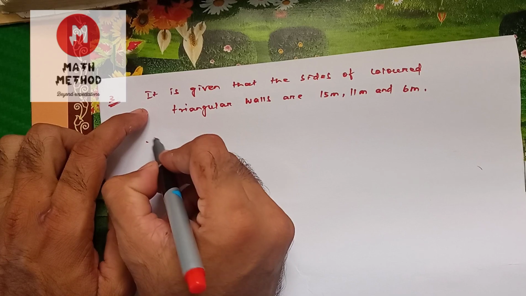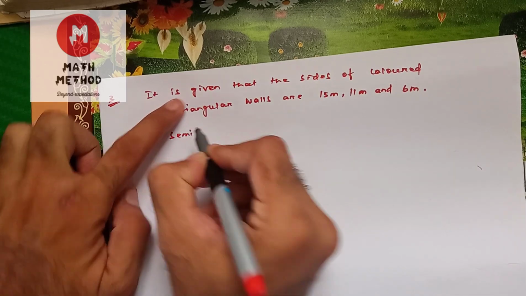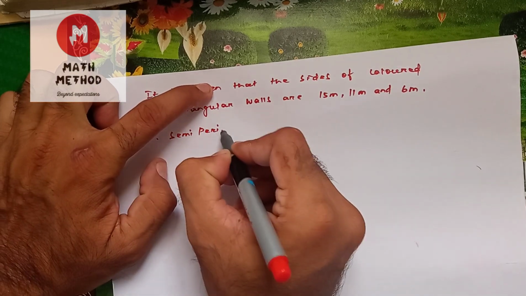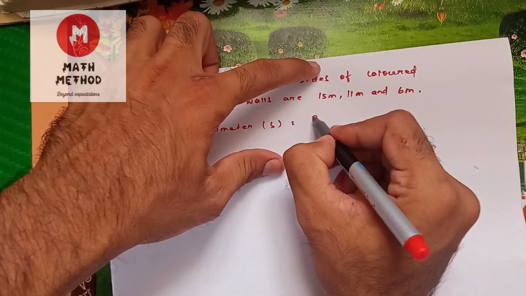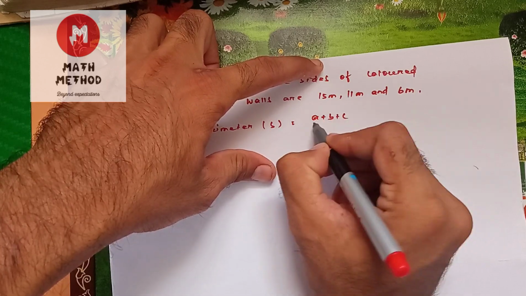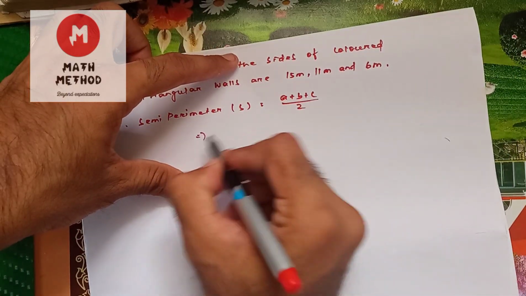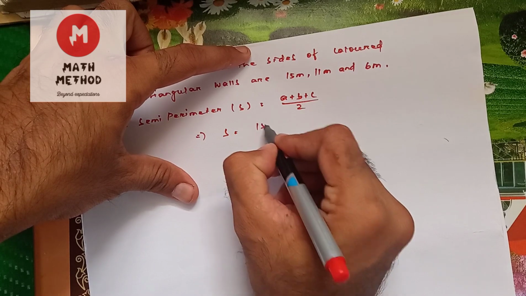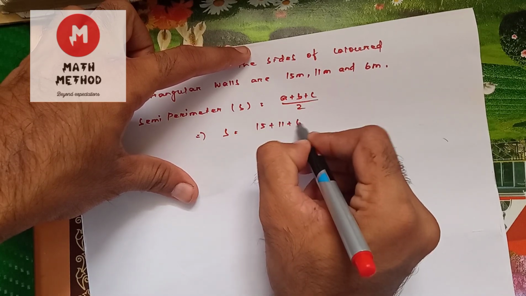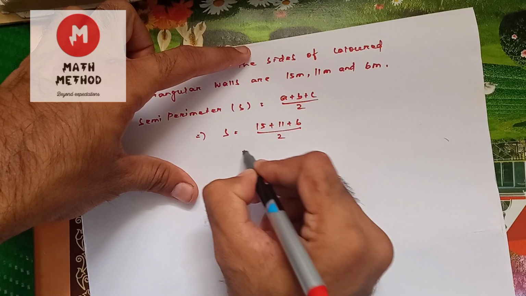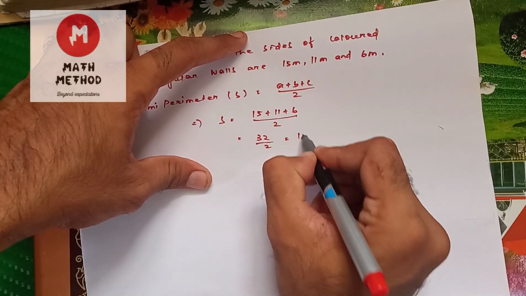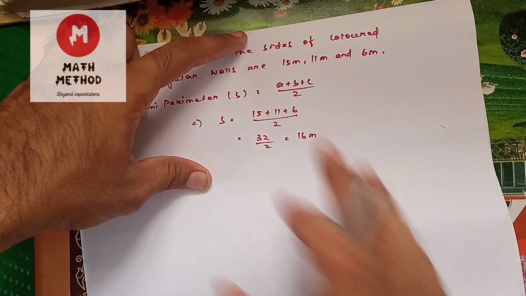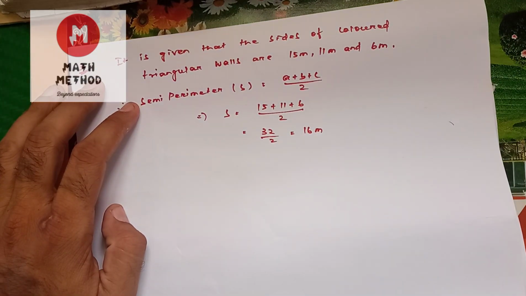Now here the semi perimeter, that is S is equal to (A plus B plus C) by 2, implies S is equal to (15 plus 11 plus 6) divided by 2, is equal to 32 divided by 2, is equal to 16 meters. Clear? Now here semi perimeter is our 16 meters.